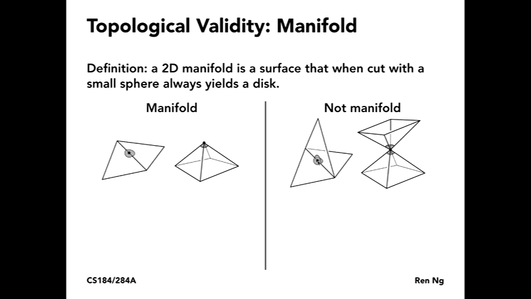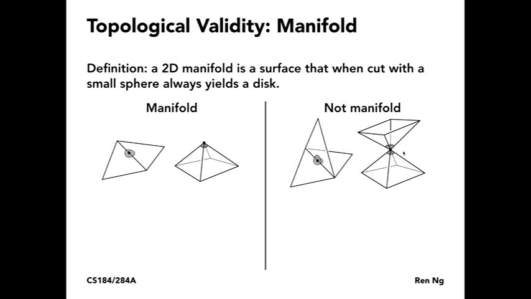You have a piece of paper object that has two parts sticking out of it. Similarly, a vertex that connects two objects touching at one point is not a manifold either by our definition, because if we cut right at that vertex position, we end up with a weird thing.